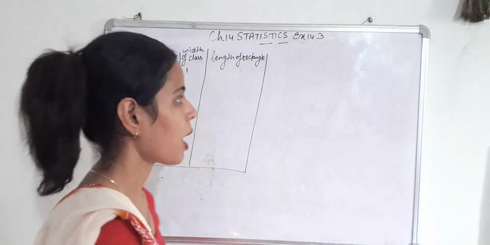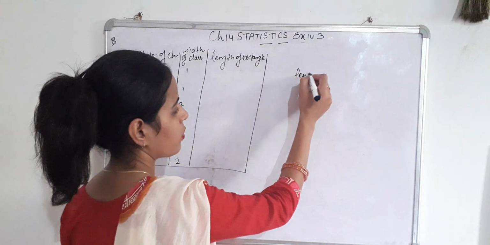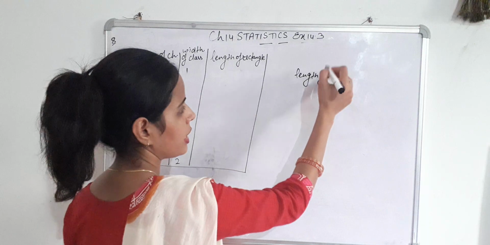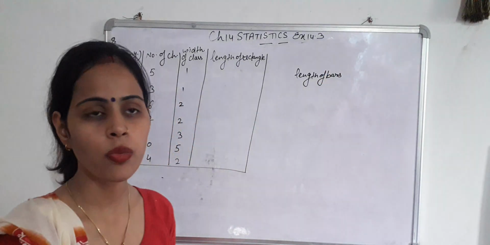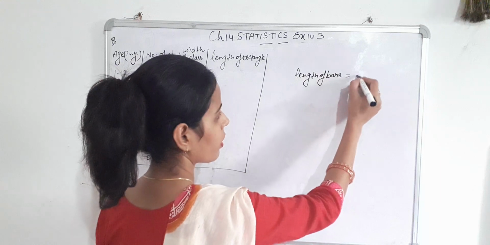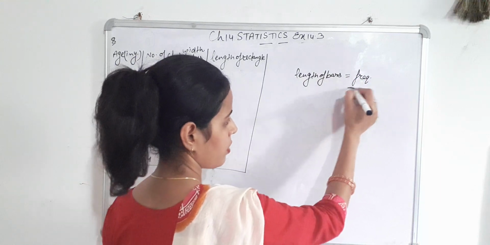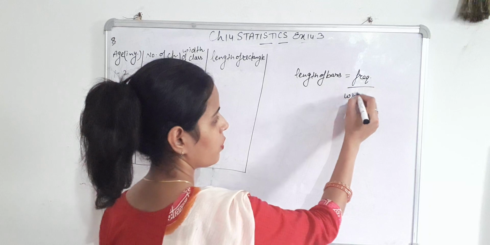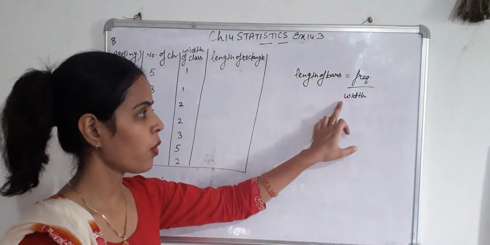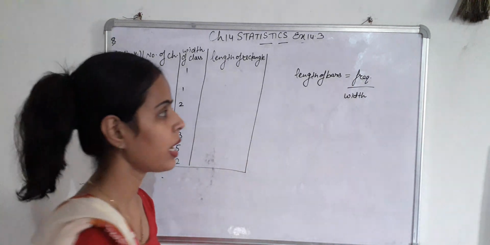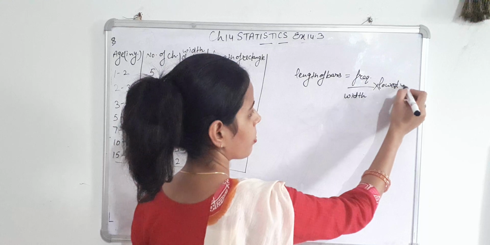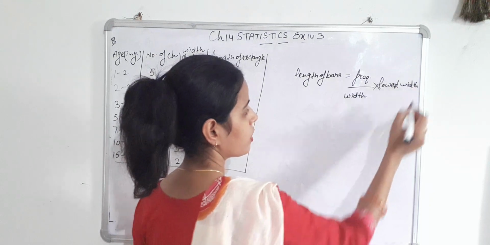Length of the rectangle, or length of the bar, equals frequency upon width of the given interval into lowest width.